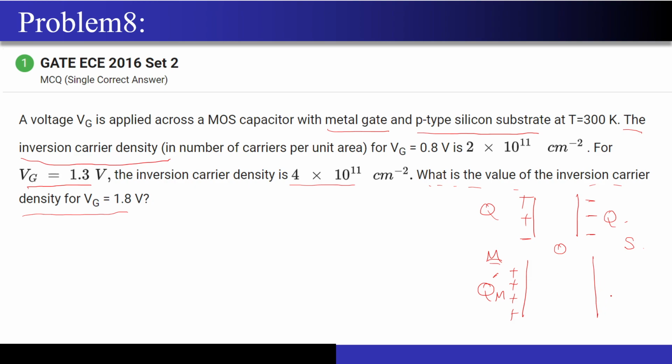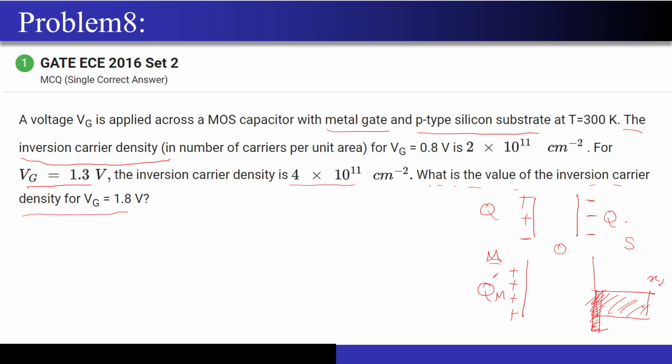Now what is actually happening over here? There are two things that are balancing this out. One is the depletion region itself. It has a width of xd, and now there is an inversion layer that is getting formed, right?